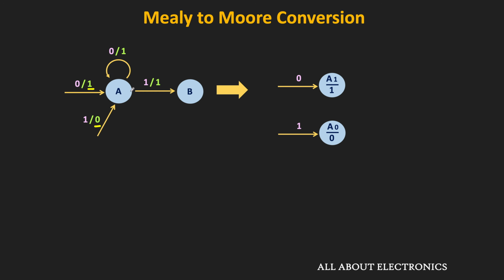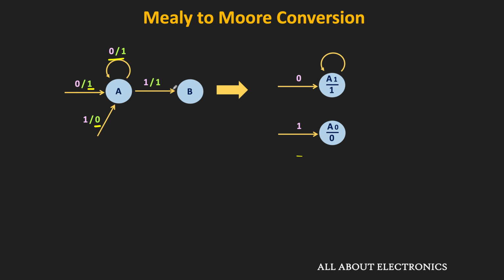As you can see over here, in the A state, when the input is 0, it will remain in the same state. So in the equivalent Moore representation, we will also have the same transitions for the A0 and A1 states when the input is 0, because both states are created from this A state itself. In the A1 state, since the output of the machine is 1, for this transition it will remain in the same state, because in this transition the output is 1.